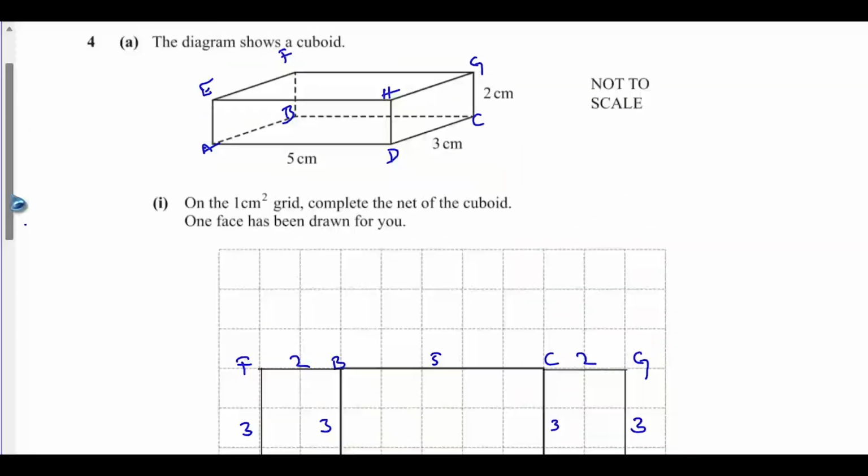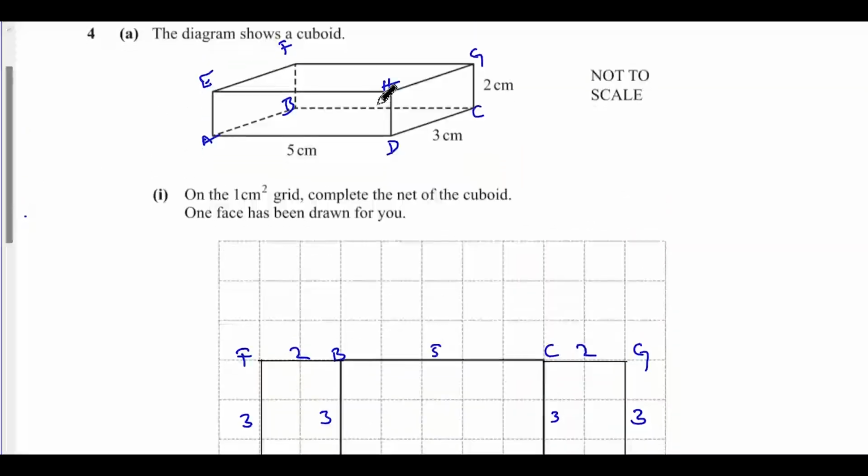So the next thing is to unfold E, F, G, H. So if I unfold it, it will be vertically up. Okay. So if I unfold it again, that means it's going to go further to the back, okay? And that will drop or unfold A, D, H, E. It's just like you opening the top.